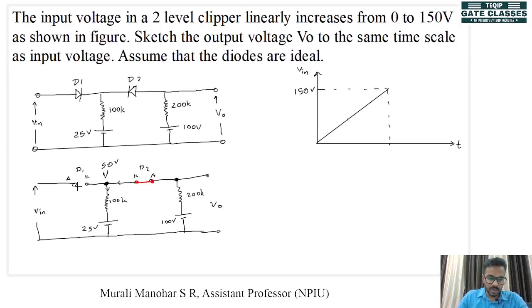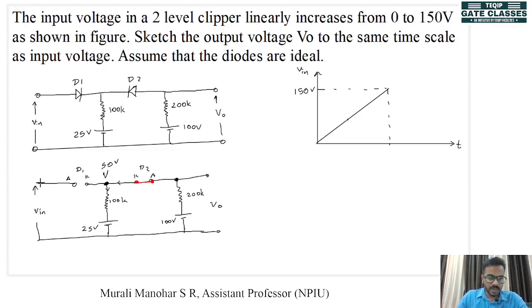Before we write this condition, we need to look into one more condition, and that condition is when D1 is turned on. Now D2 and D1 are in series here. When D1 is turned on, this voltage can be varied. So when this Vin increases beyond 100, this voltage will be above 100, right?